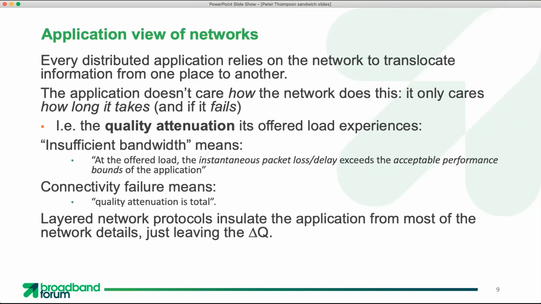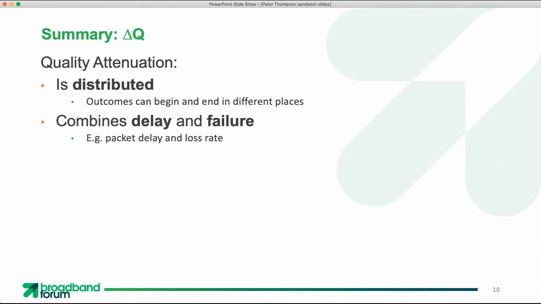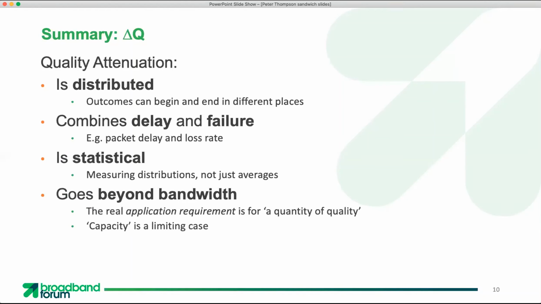What we're saying here is that the whole achievement of layering of network protocols and so forth, the IP everywhere model, has insulated the application from most of the details of the network, and really the delta Q is the way the network impacts the application. So to summarize, quality attenuation is distributed, it combines delay and failure, it's statistical, and it goes beyond bandwidth because it incorporates the notion of bandwidth as a special case.